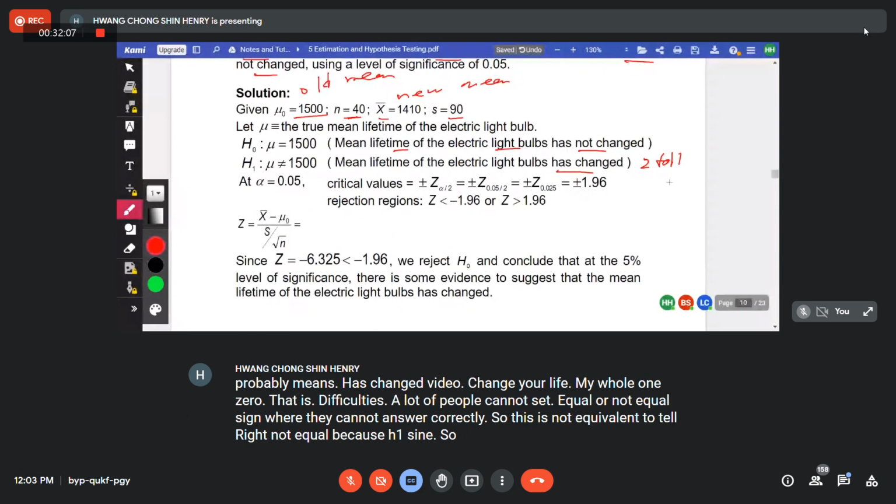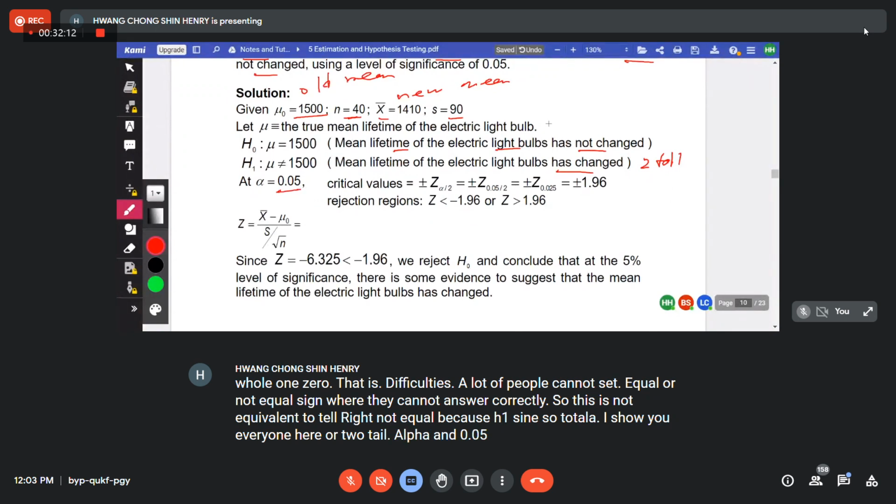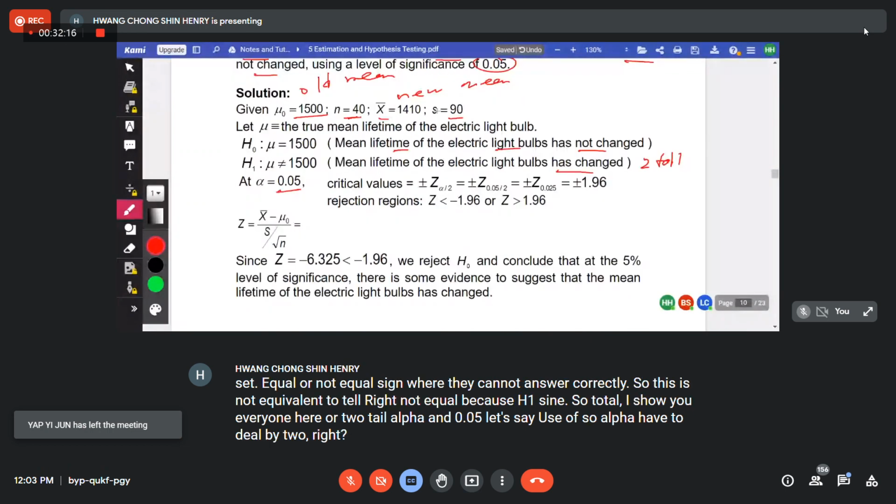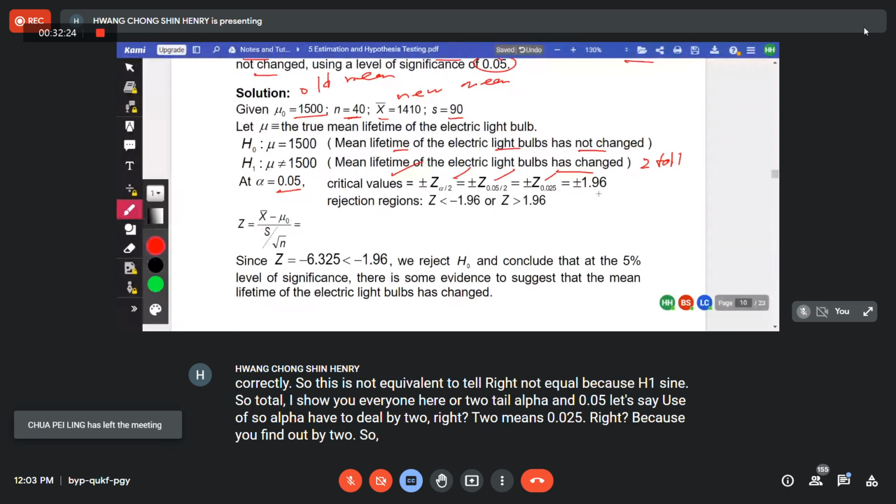For two-tailed, I show you everyone here. For two-tailed, alpha 0.05, let's say. So alpha has to be divided by 2, right? Clear enough? Remember, alpha divided by 2 means 0.025, 0.05 divided by 2. So from the table, is it 1.96?